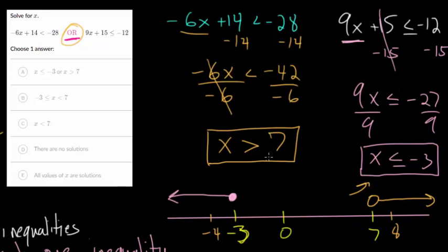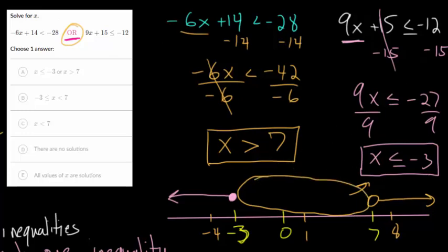And since we only need to satisfy one of these, 8 would also be in my solution set. But values in the middle here, like let's say 1, does not satisfy this one because it's less than 7, and it's also bigger than -3, so it doesn't satisfy this one.